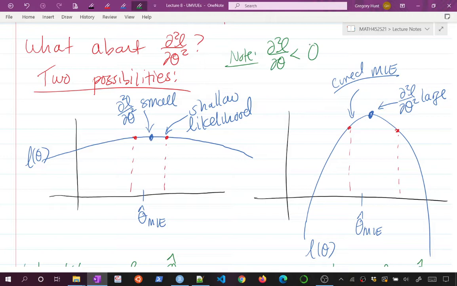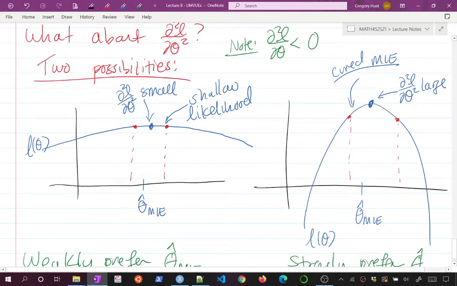So the second derivative tells us something about how strongly or weakly we prefer one value for our MLE over another choice, or one value of θ over another. And somehow this second derivative is giving us information, or telling us how much information our data has about the true value of θ.